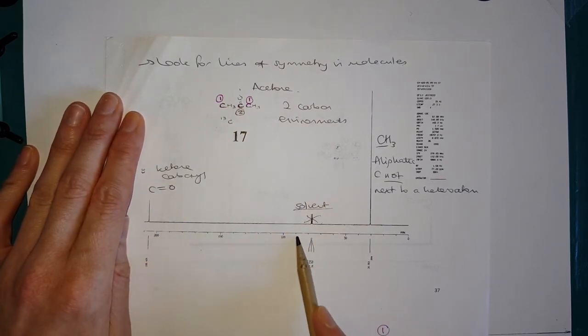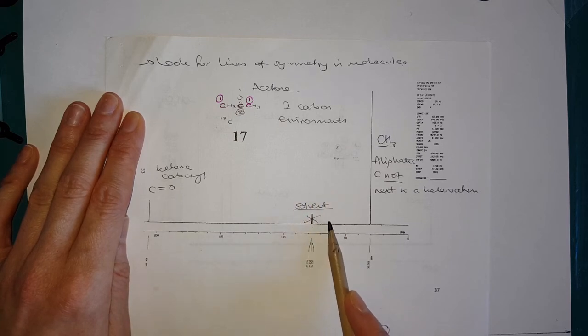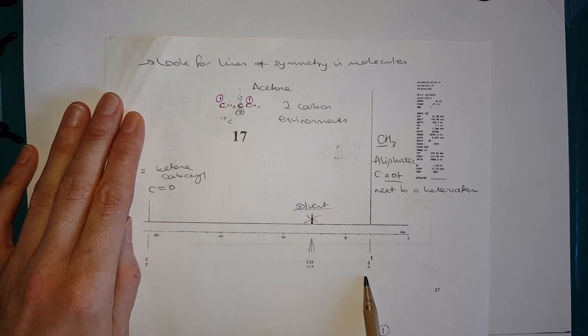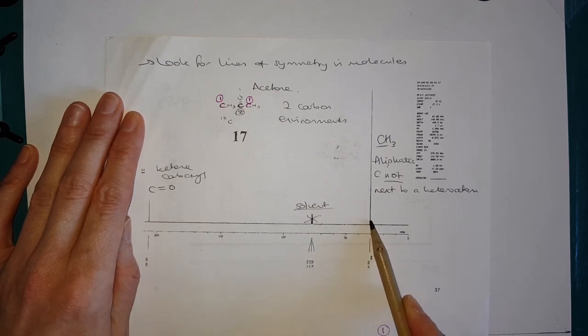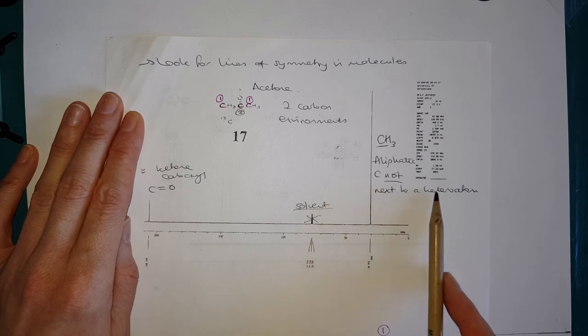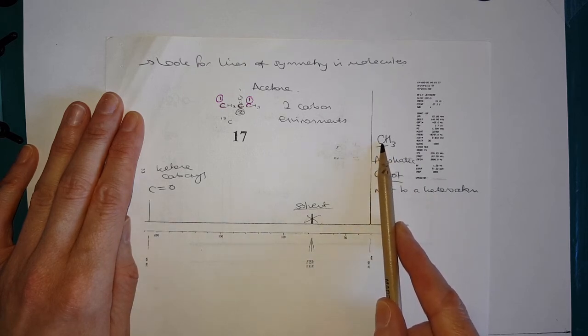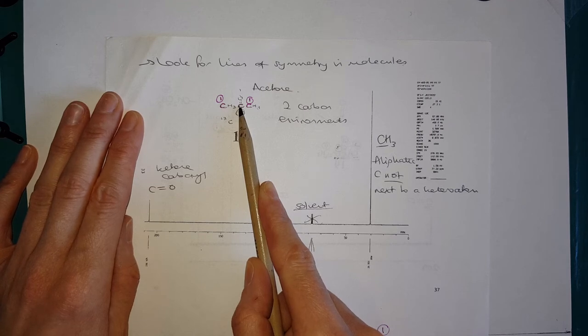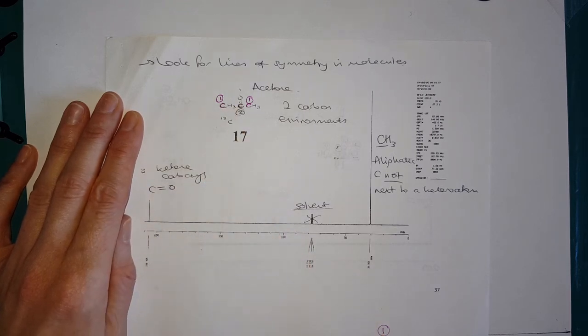We've got our solvent peak about 77 ppm, so we can ignore that. And we've got one peak down at this end, about 30 ppm, and that's because it's a CH3 group and it's not next to a heteroatom. This carbon is bonded to another carbon. It's not bonded to an oxygen or a nitrogen or another heteroatom.